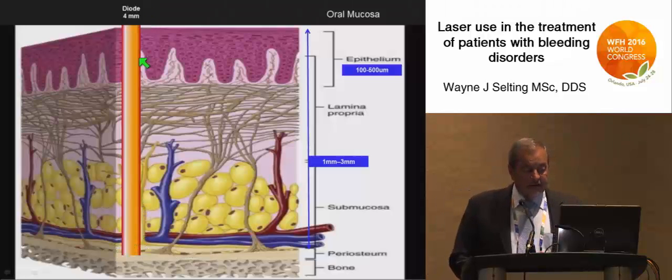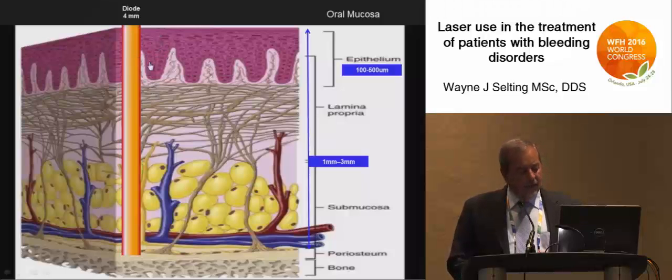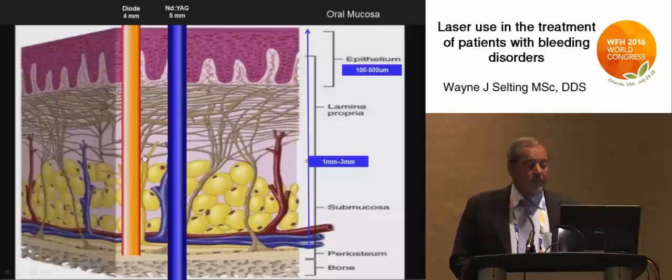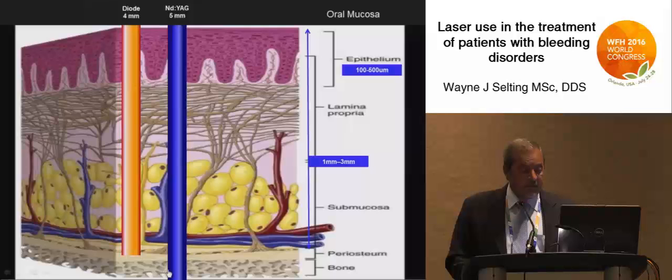Diode laser energy penetrates about 4 millimeters into the tissue. It does that because while there is some protein here, this is mostly water, and it's not absorbed in the water at all. Nd:YAG is the same, penetrates greatly.